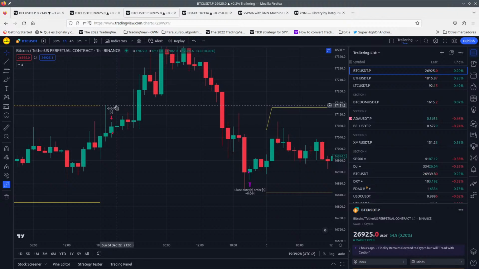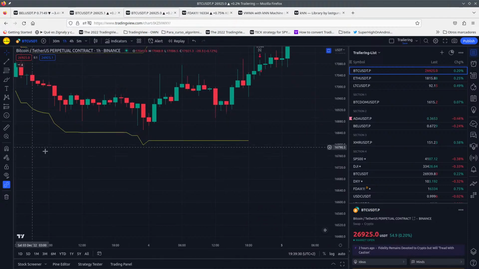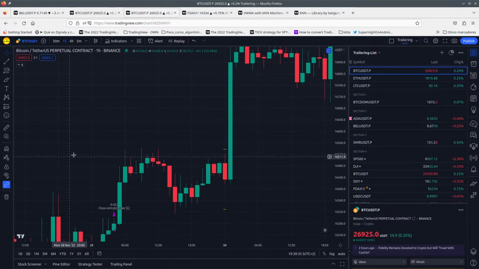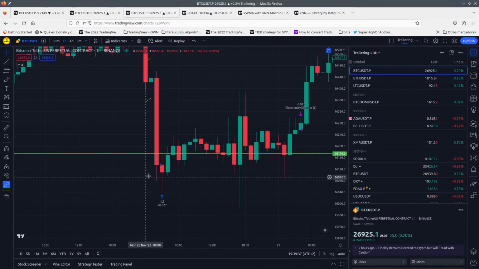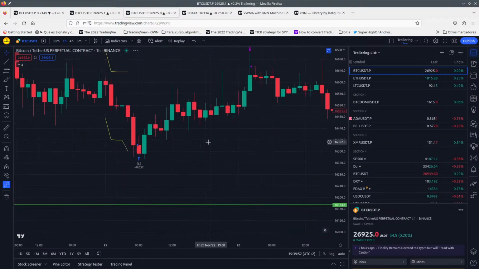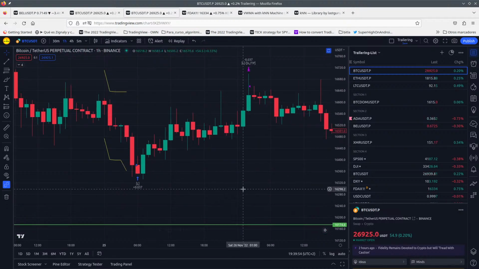Let me see. What more do we have around here? So here we have, this one is lowest, so the stop loss is here. And you reach the stop loss here. That's unfortunate, but look at this. Yeah, the stop loss is here and you lose.